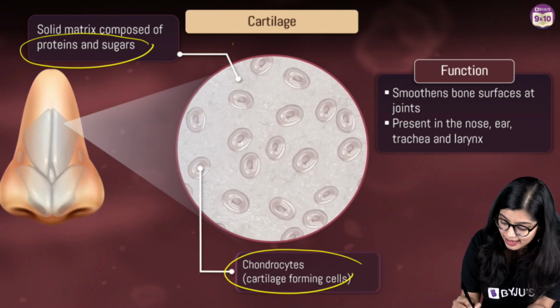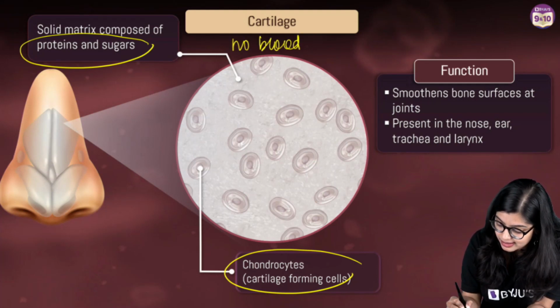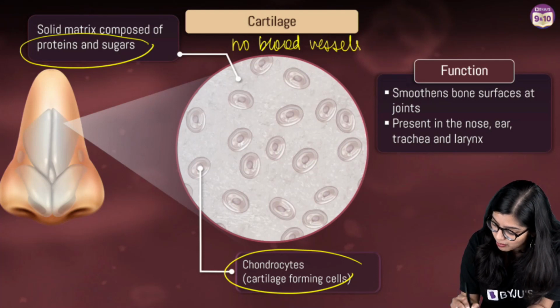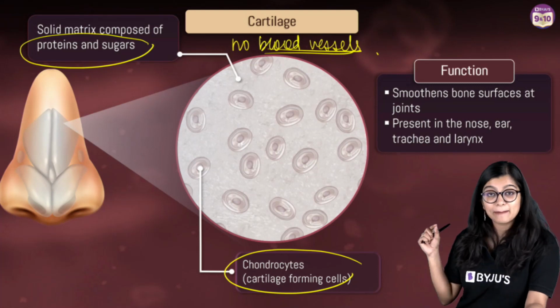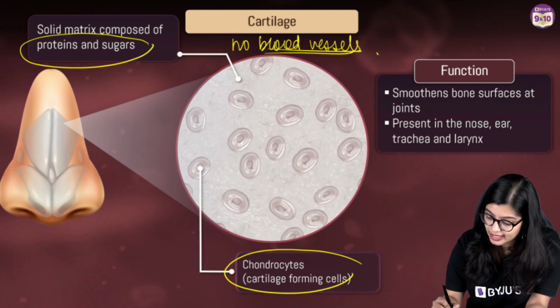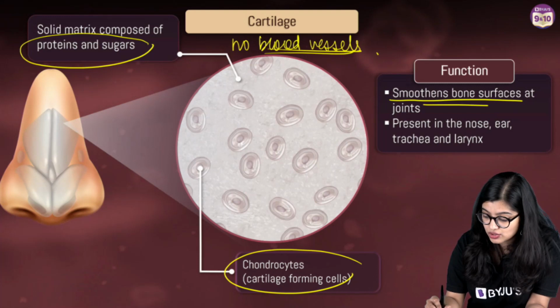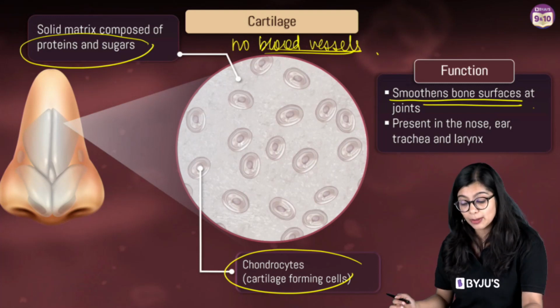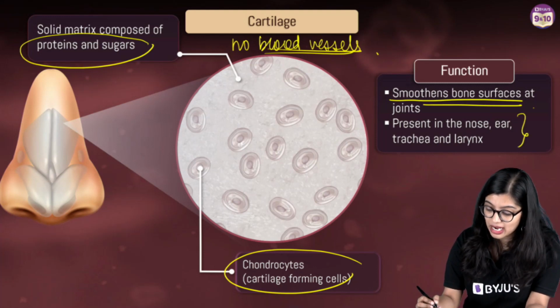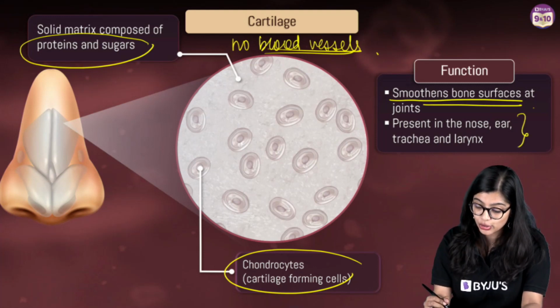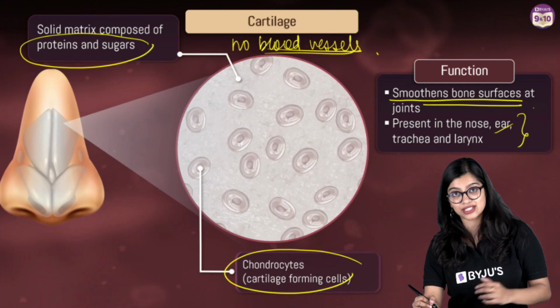And there are no blood vessels here. Along with this, the main function of the cartilage is to smoothen the surfaces, or I would say smoothen the bone surfaces at the joints. Apart from being present in the tip of the nose, ear, and parts of larynx and trachea, they are present at joints.